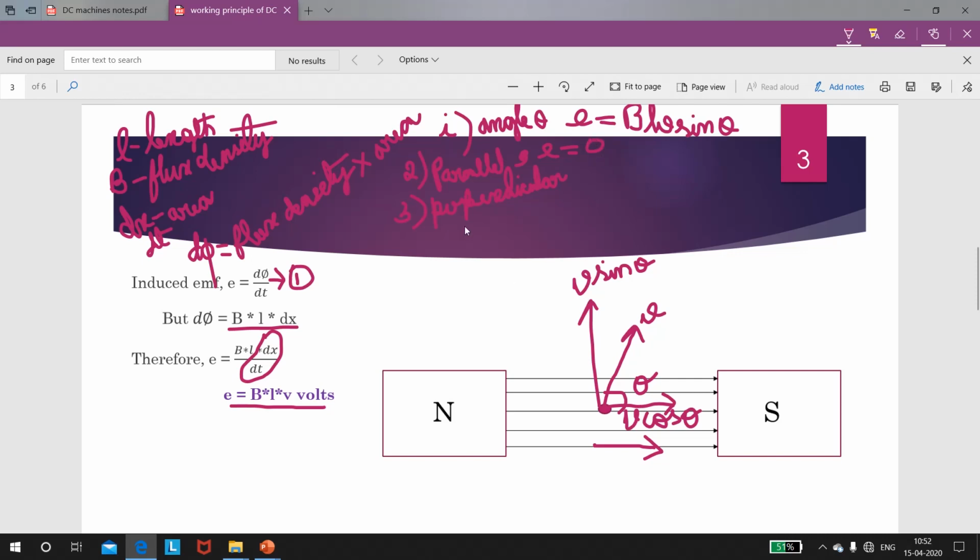Let me consider the third case, perpendicular, that is, the conductor is moving perpendicular to the magnetic lines of force. What happens in this case? The conductor will cut the magnetic lines of force. Therefore, EMF is induced. Now, in this case, theta is equal to 90 degrees.